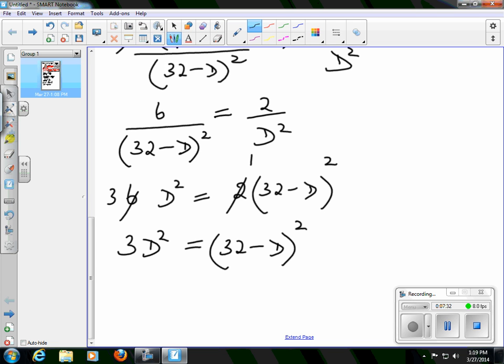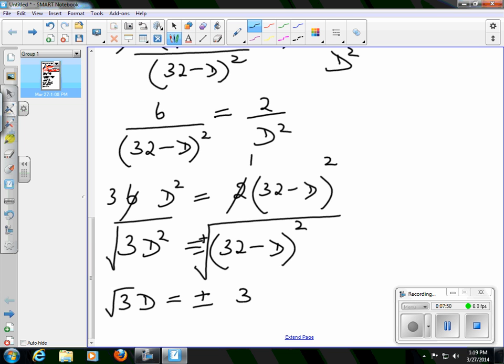Now I'm going to take the square root of both sides. When you take the square root of both sides, you have to have a plus or minus in front of one expression. That is algebra. So square root 3 d is equal to plus or minus 32 minus d.